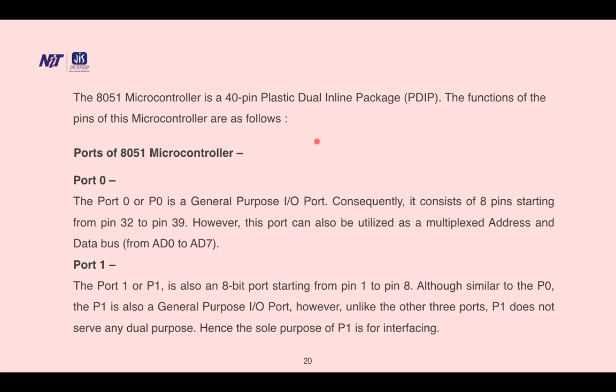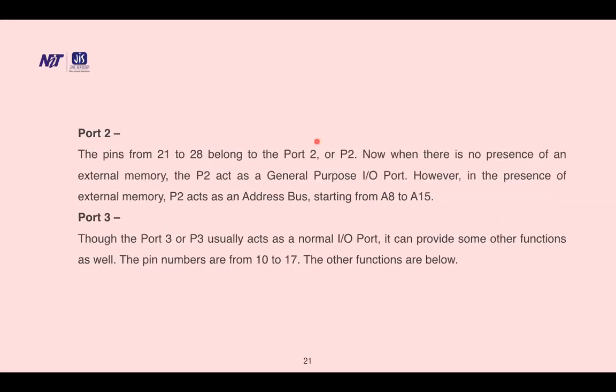Port 1 or P1 is also an 8-bit port starting from pin 1 to pin 8. Although similar to P0, P1 is also a general purpose I/O port. However, unlike the other 3 ports, P1 does not serve any dual purpose. Hence, the sole purpose of P1 is interfacing.